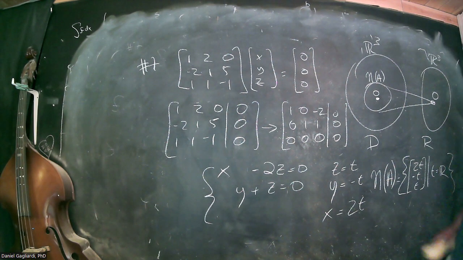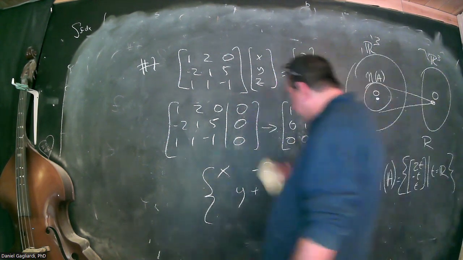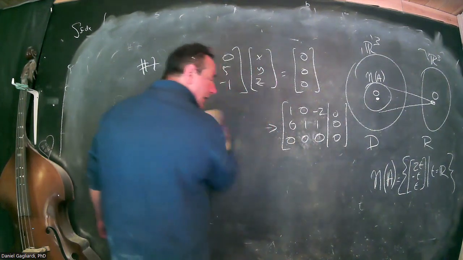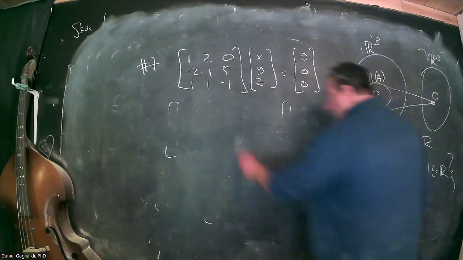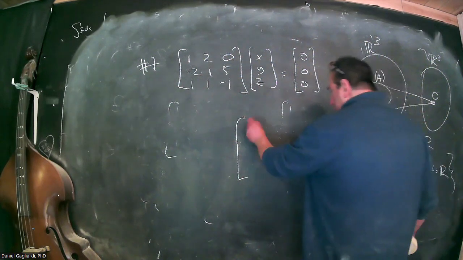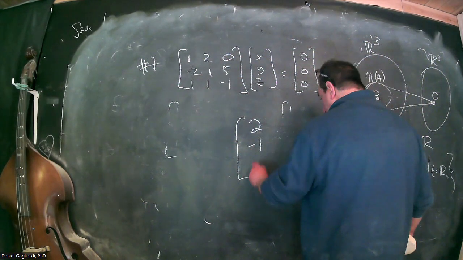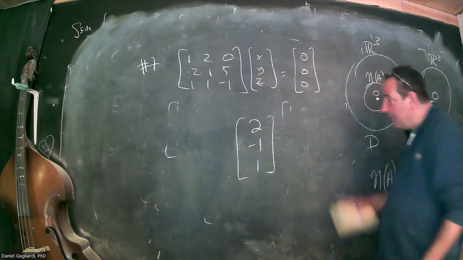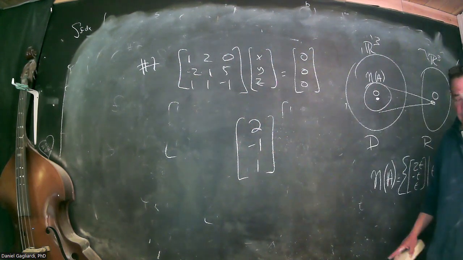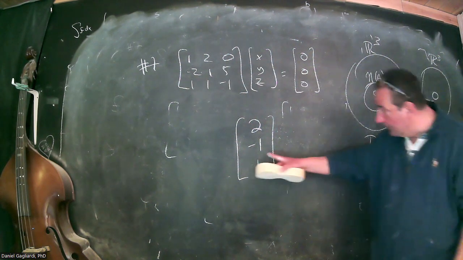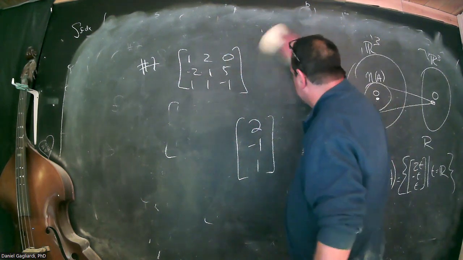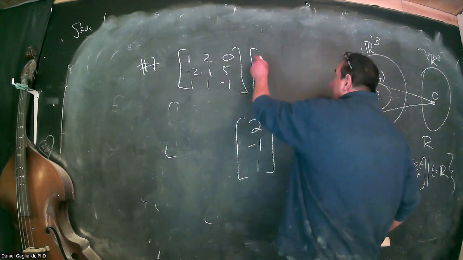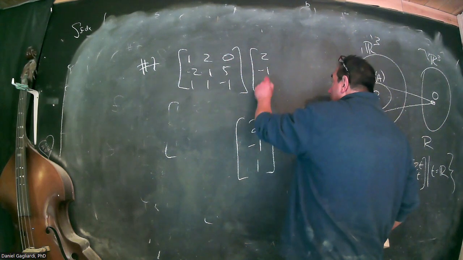All right? If t is equal to 1, we obtain the vector, let's see, what vector do we obtain? If we let t be equal to 1, we obtain the vector 2, negative 1, 1. Now let's see if that vector is in the null space, okay? So I'll substitute this vector in for x, y, z, and we hope that we get zeros. So we have 2, negative 1, 1.